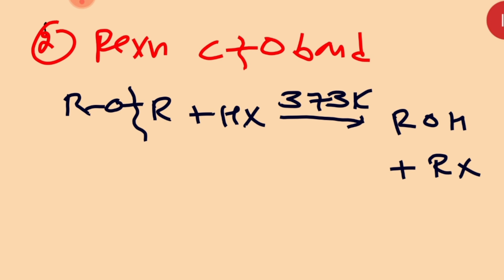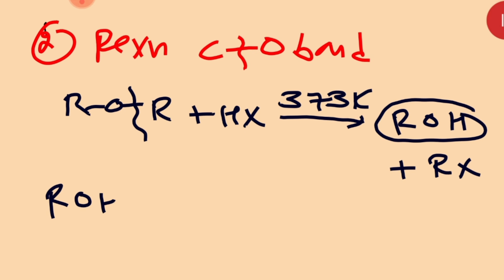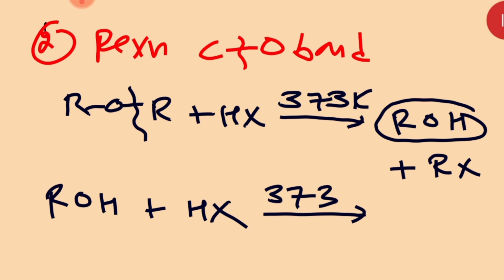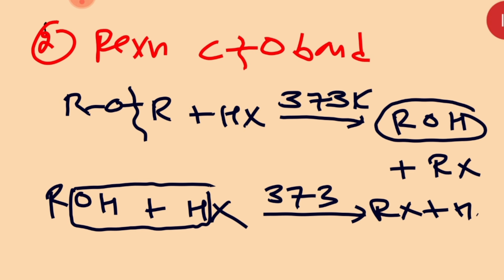Then after that, we can do one more step. The ROH that we have formed, we can give its reaction with HX again. That means we have taken the halogen acid in excess. Then H2O will be removed and you will get RX plus H2O.